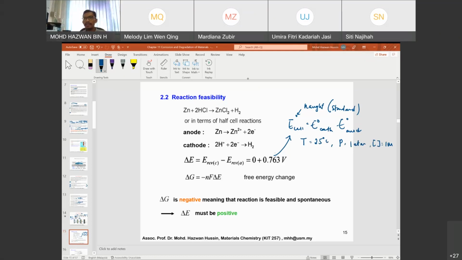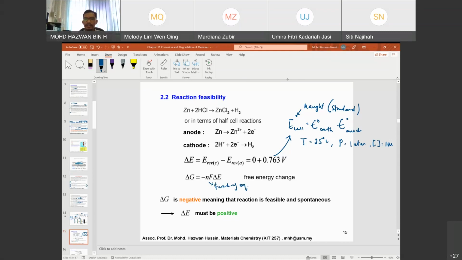But if it is not monitored in the standard condition, then we will use the Nernst equation to calculate. I'm sure that you've heard about the Nernst equation. The correlation between standard potential and free energy can be calculated using Faraday's equation, which relates energy with standard potential.